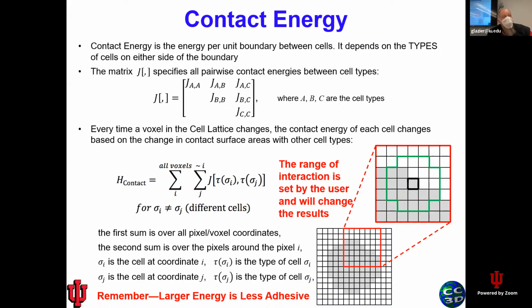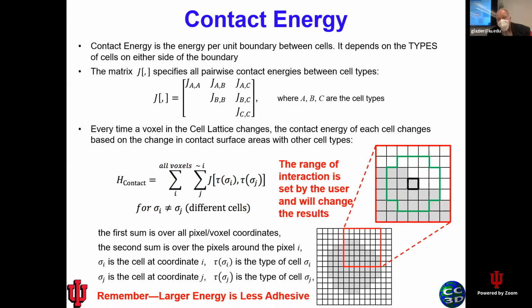And the way contact energy is specified in CompuCell is based on sort of physics ideas and some history, and may not be the most natural thing if you're coming from biology.